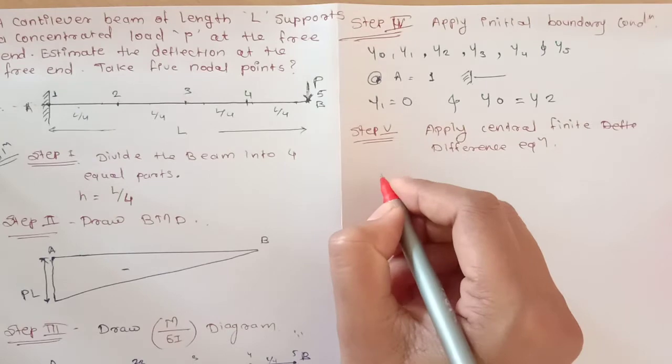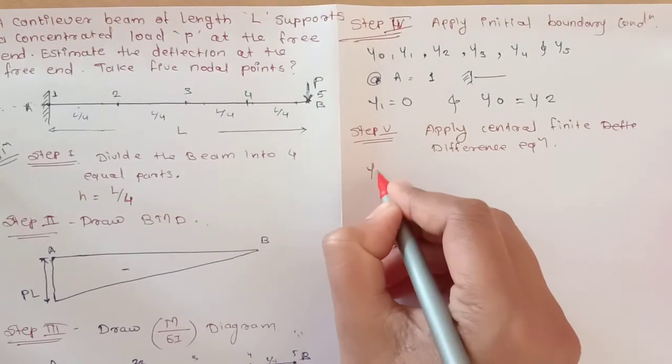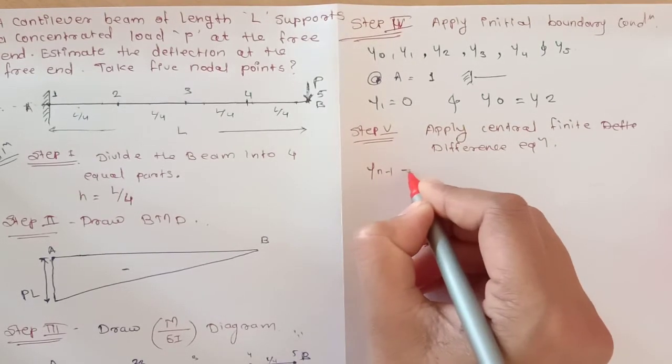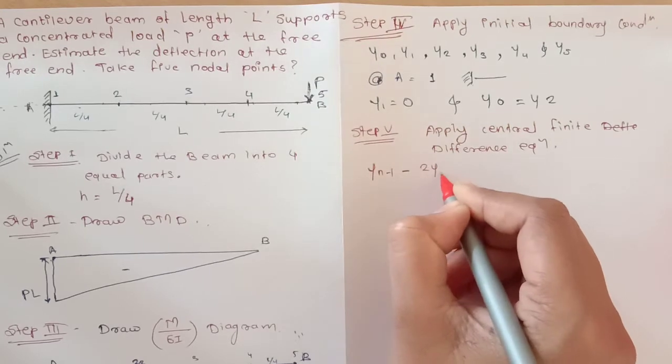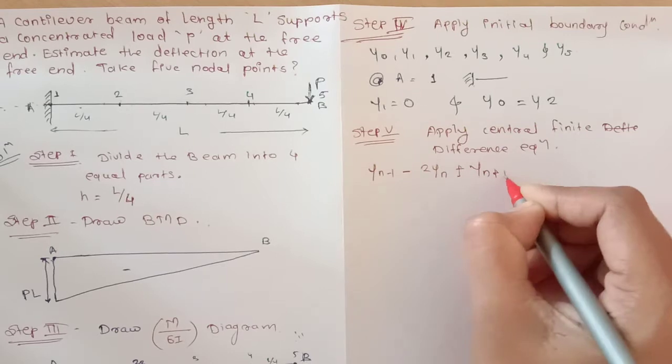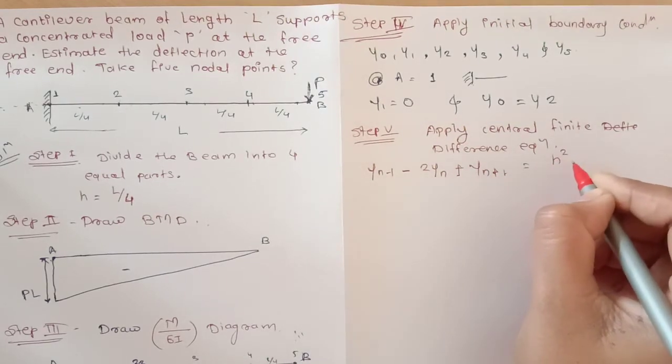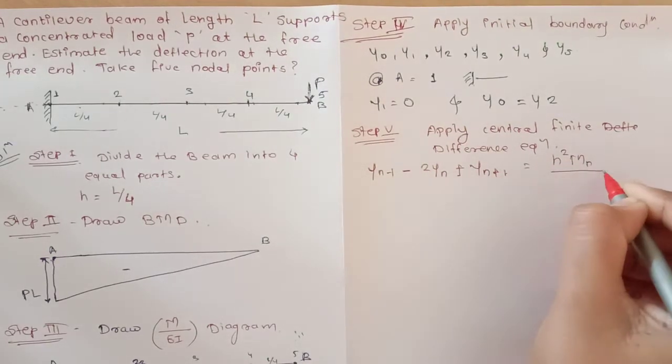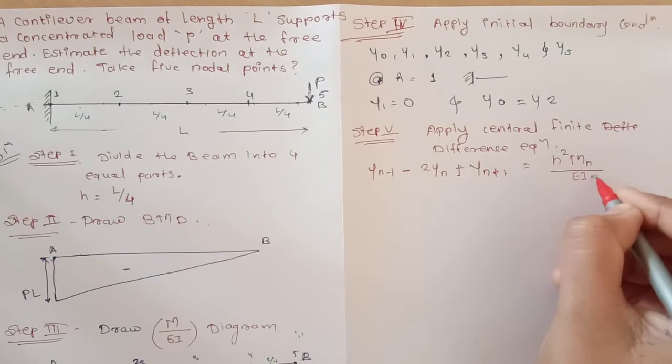The equation is y base n minus 1 minus 2y base n plus y base n plus 1 is equal to h square into Mn divided by EIn.